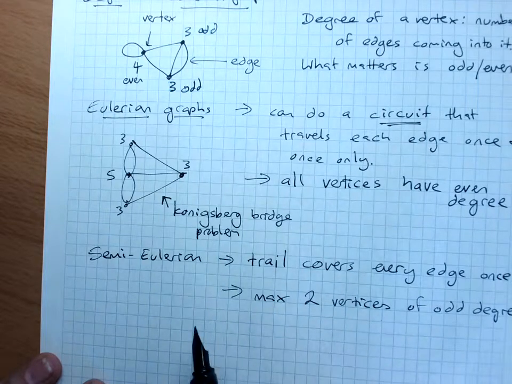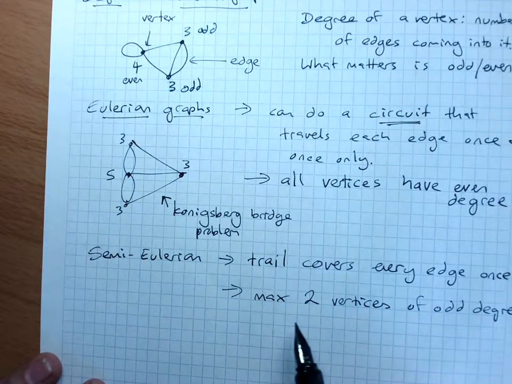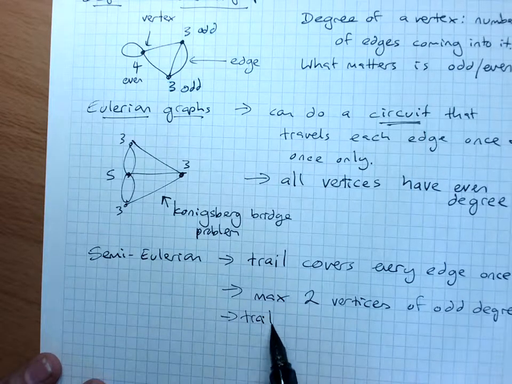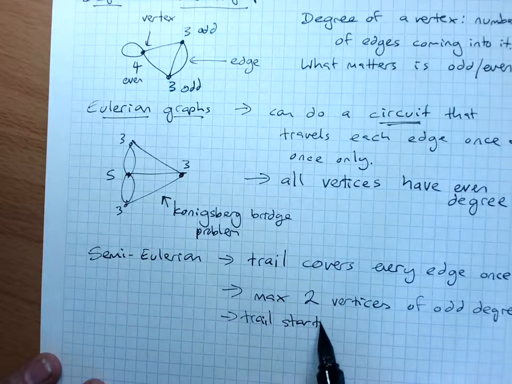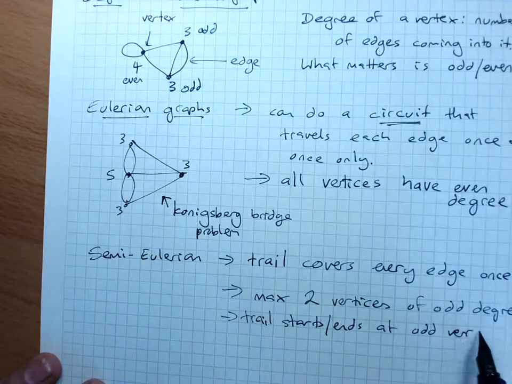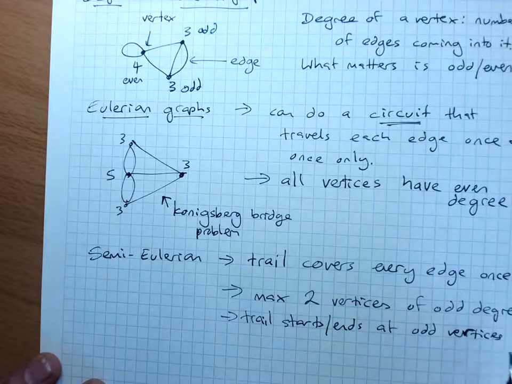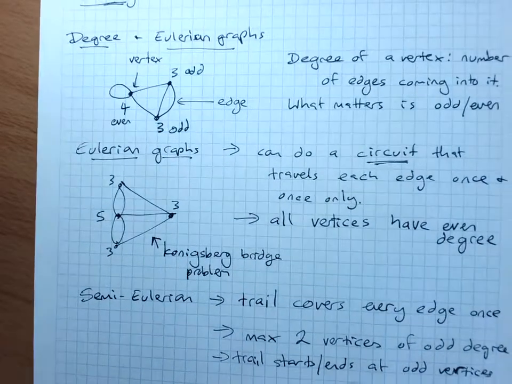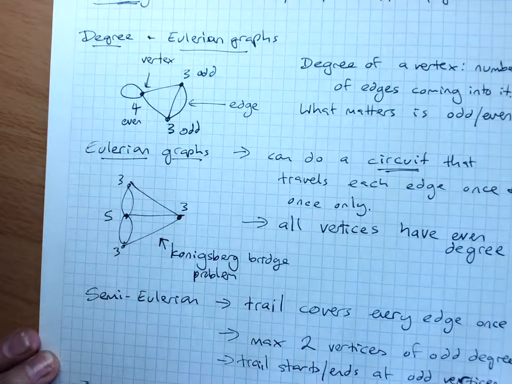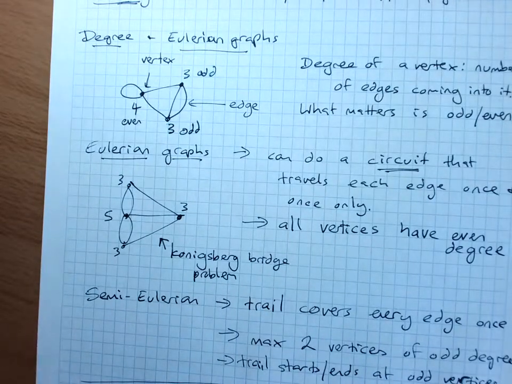And your trail would start and end at those 2 odd vertices. So that's one very important aspect of graph theory, that you can find the degree of any vertex and then use that to check if you can do an Eulerian or semi-Eulerian circuit or trail.